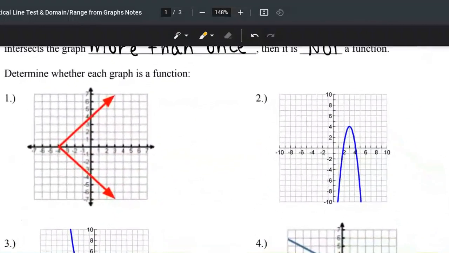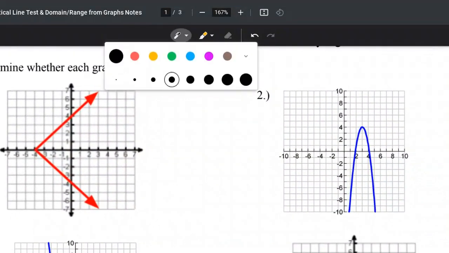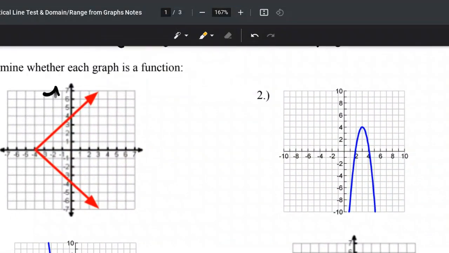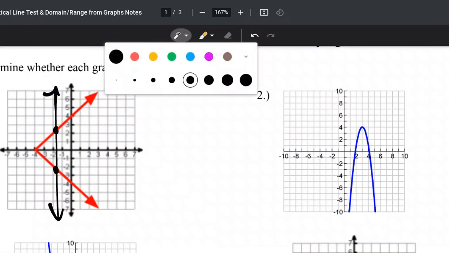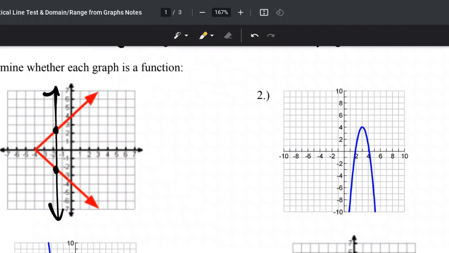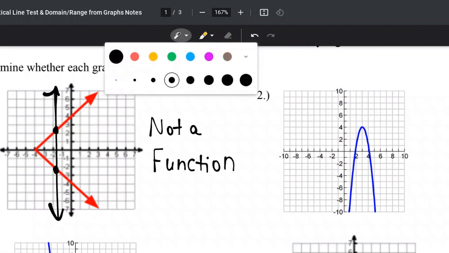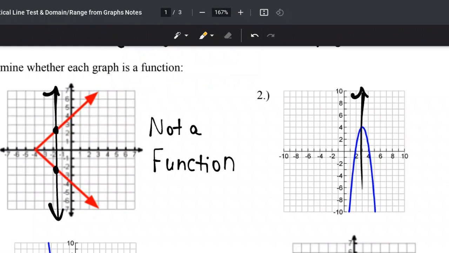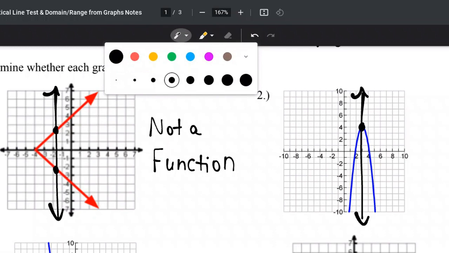So let's take a look at these few examples here. For number 1, if I draw a vertical line through this graph, it intersects the graph at more than one point. It intersects the graph at 2 points, which means that it is not a function. Number 2, if we draw a vertical line through that graph, it intersects the graph at only 1 point.